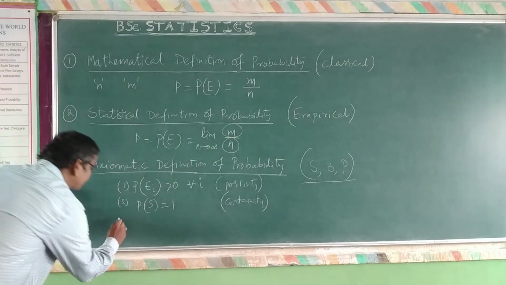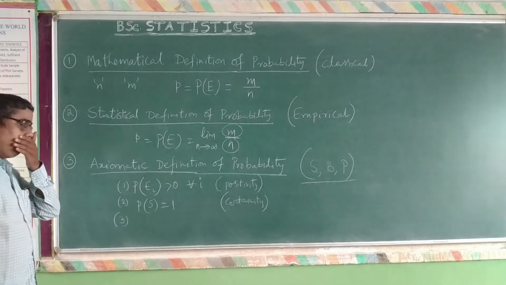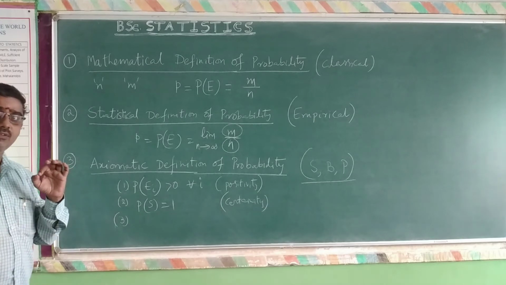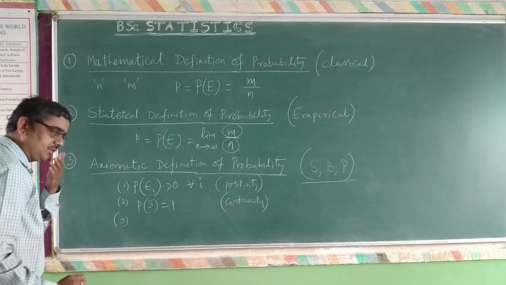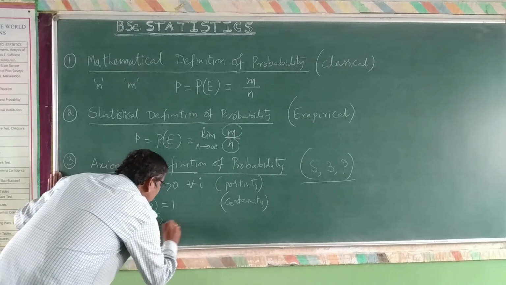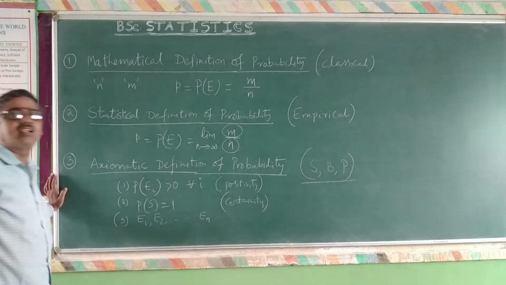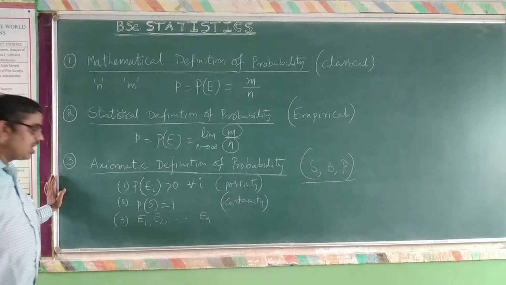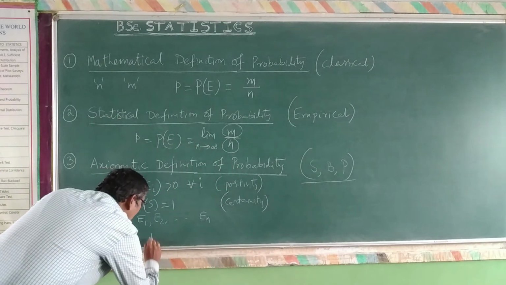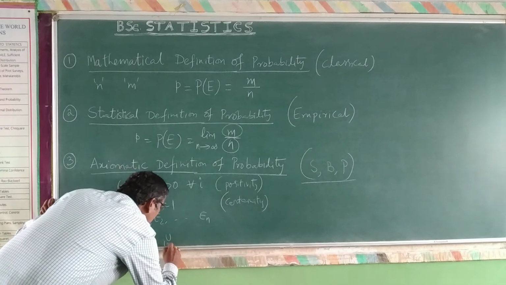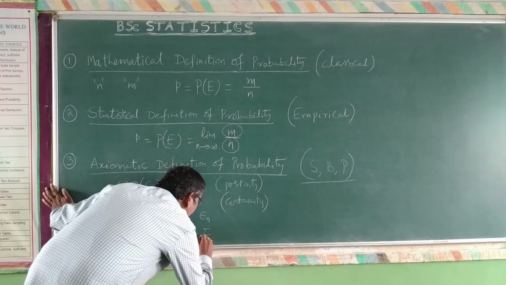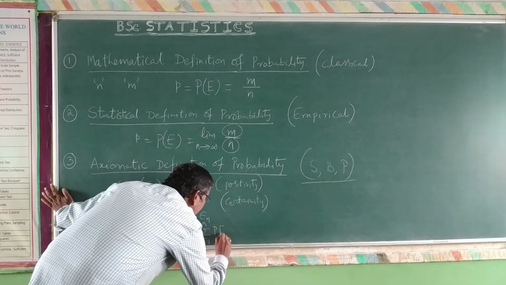The third axiom: if you consider n events E1, E2 and so on up to En that are disjoint events, then the probability of the union from i equal to 1 to n of Ei can be expressed as the summation from i equal to 1 to n of the probability of Ei.